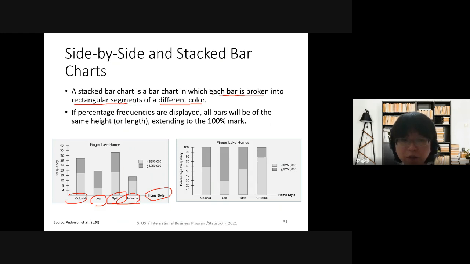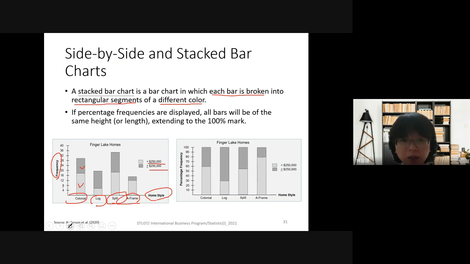They have different styles. And then you will find the frequency with different numbers, that is the price is larger or less than 200,000, 250,000.